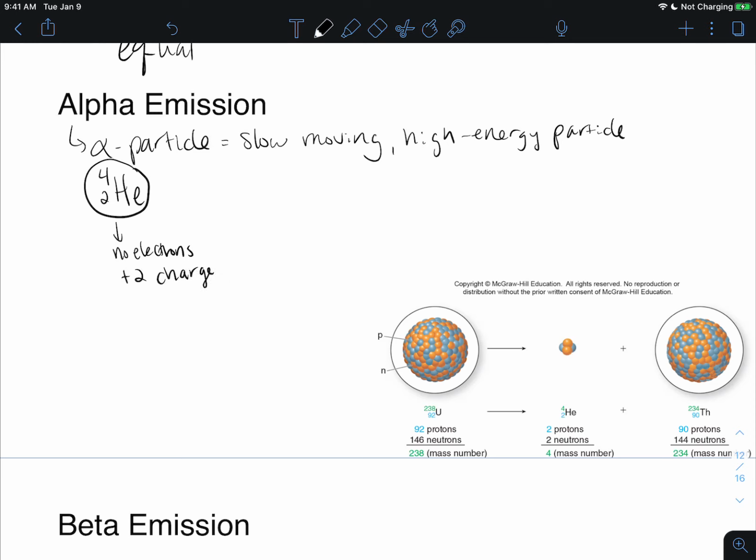Okay, and because it's fairly massive, and it has a large charge, it's going to be the most ionizing. So it has a very high ionizing potential. But because it is so large and is so slow, it has a low penetration depth.